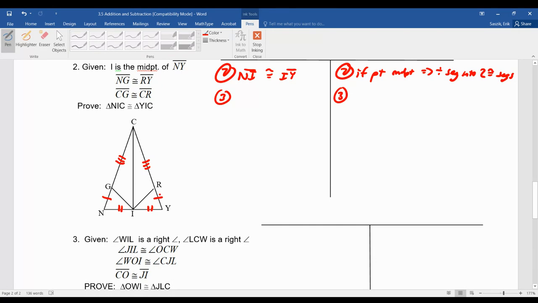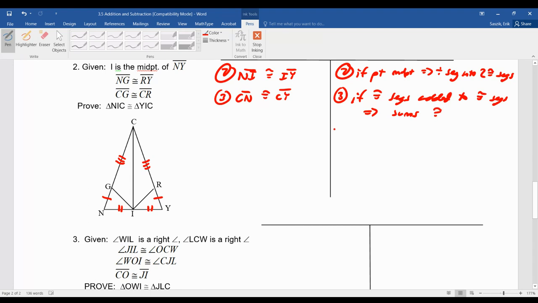We got these tick marks and those tick marks, so we can use addition to get this whole side, right? CN congruent to CY. If congruent segments are added to congruent segments, then the sums, plural, are congruent.